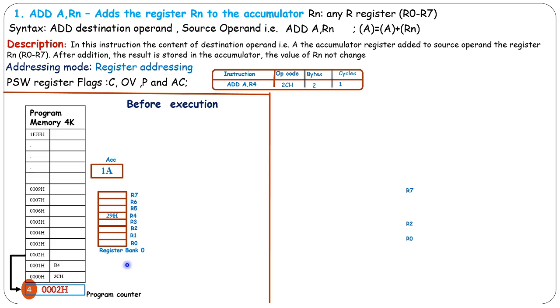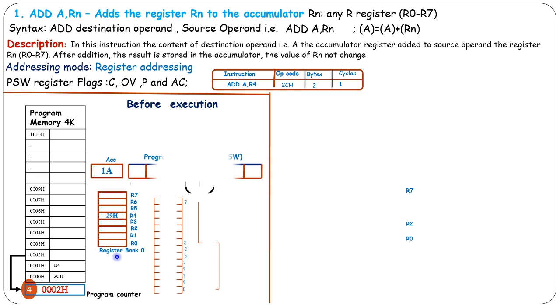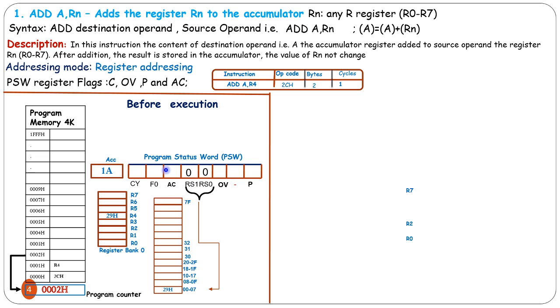In your register bank 0, the bank is decided by the program status word register. The bits RS0 and RS1 give which bank gets selected by the CPU. RS0 and RS1 are both 0, 00, meaning bank 0 is selected, and in bank 0 the addresses are 00 to 07H.